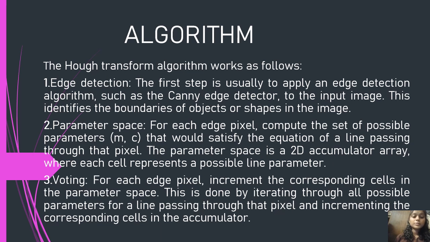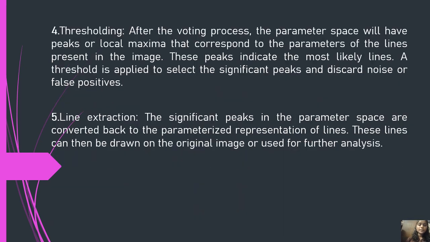Next is voting. For each edge pixel, increment the corresponding cells in the parameter space. This is done by iterating through the parameters for a line passing through that pixel and incrementing the corresponding cells in the accumulator. Fourth is thresholding.